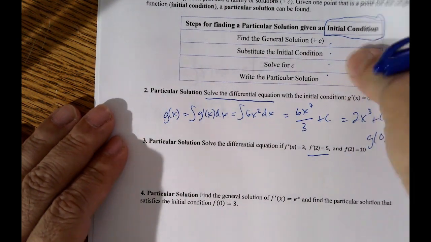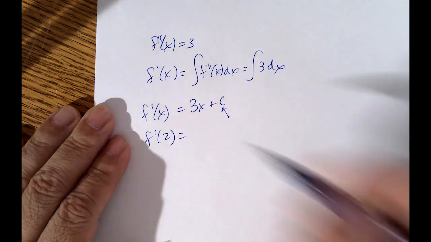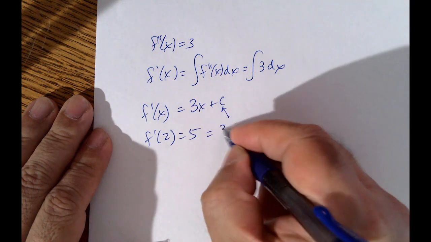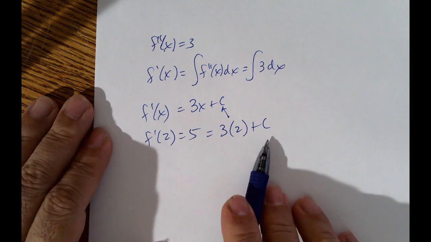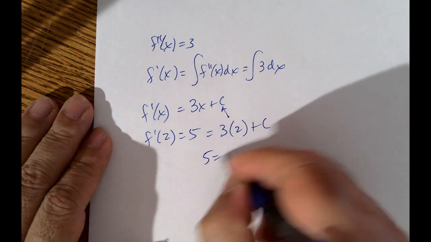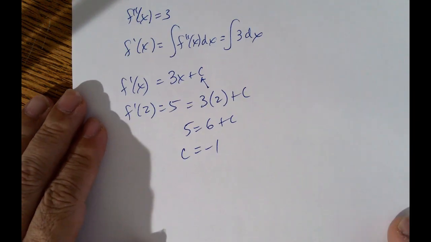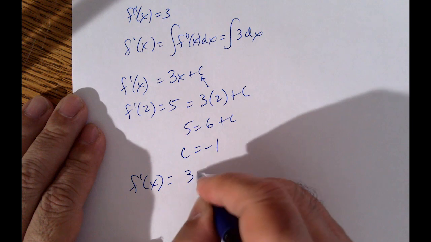So that means at x equals 2, f prime is 5. So I'm going to substitute 2 for x, and I should get 5. That's how we're going to solve for c. So 5 equals 6 plus c. So c equals -1. So that means f prime of x equals 3x minus 1.